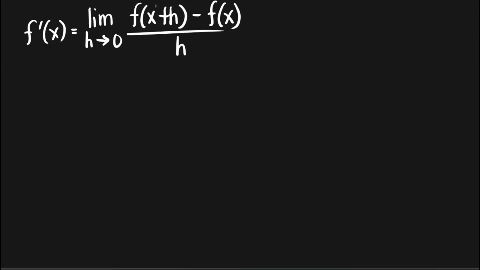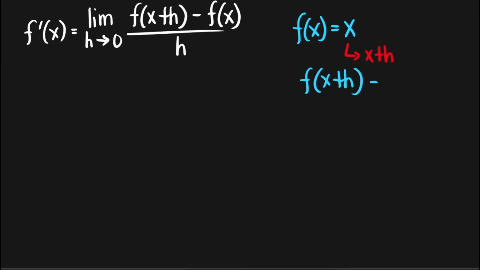What is f of x plus h? Let's say we have a function f of x equals x. F of x plus h means that we will substitute the term x plus h to the variable x in the function. In this case, f of x plus h equals x plus h.